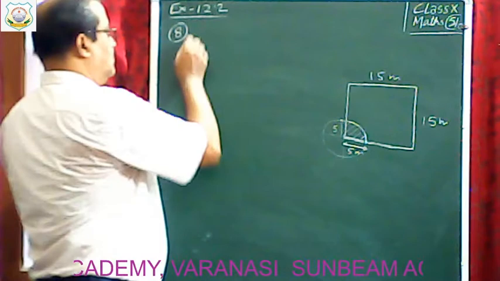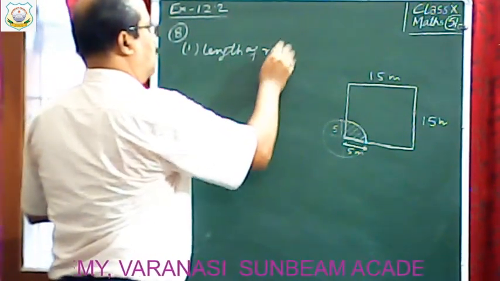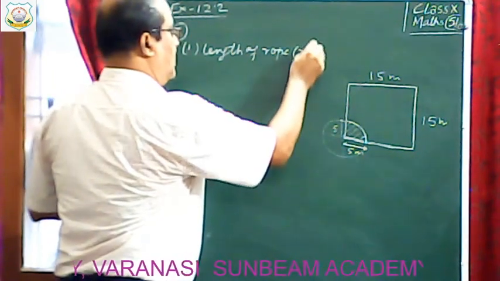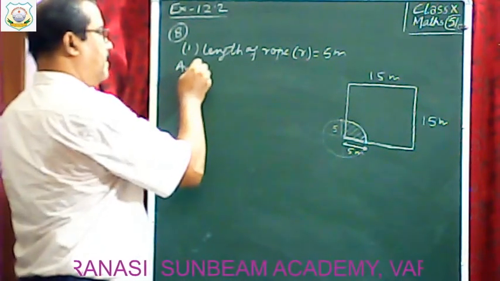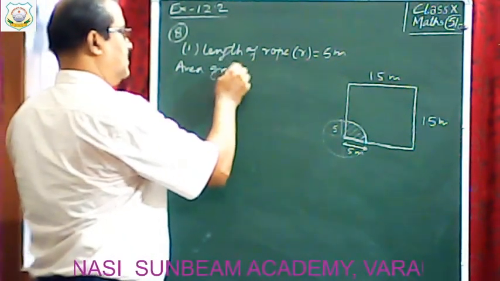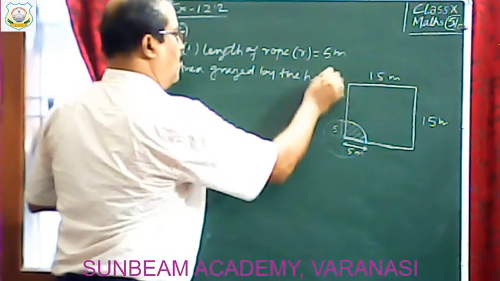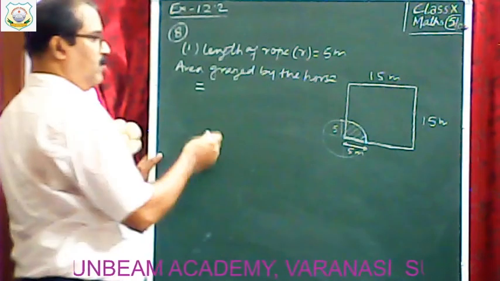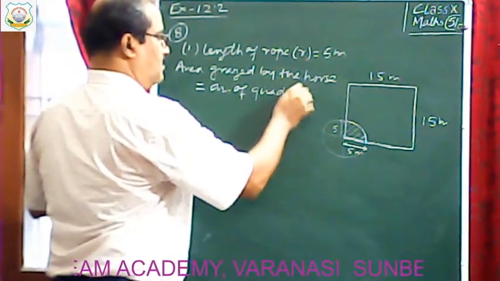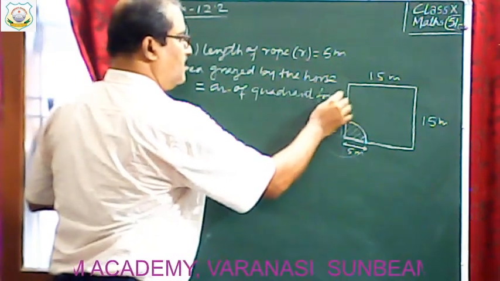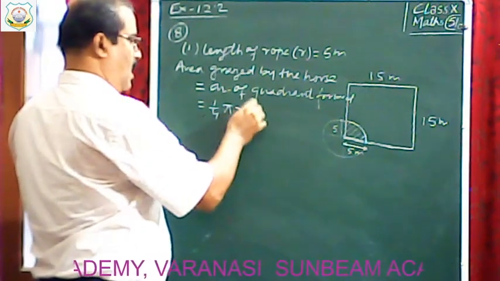So first, length of radius, that is small r, 5 meter. So area grazed by the horse equal to area of quadrant formed, means 1 by 4 pi r square.